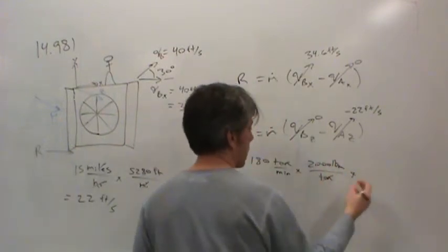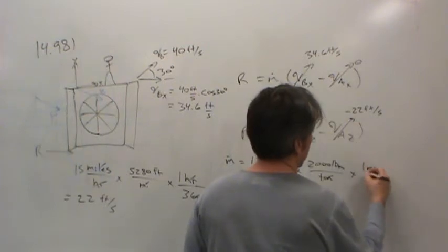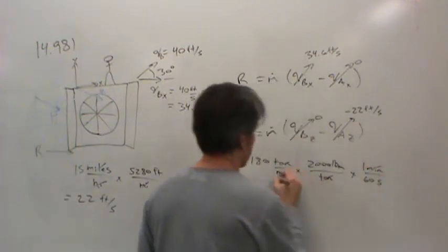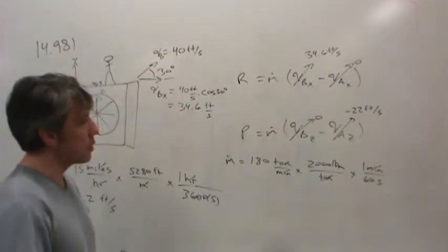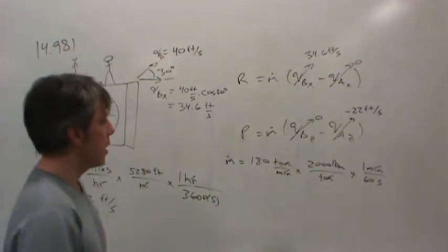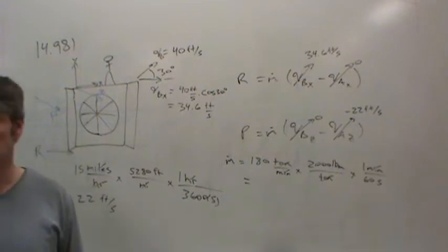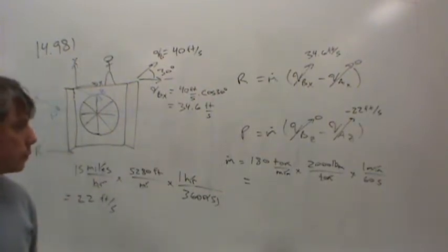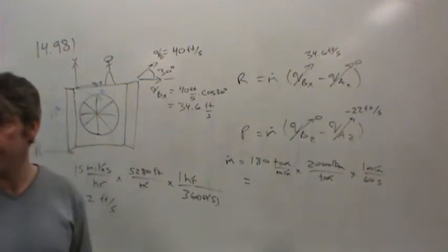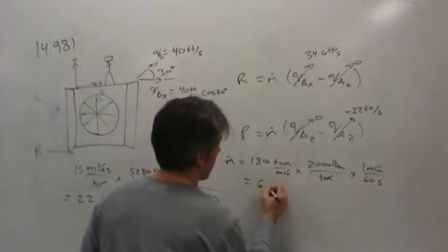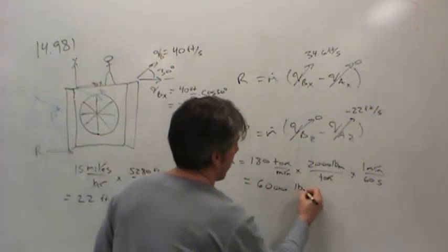And instead of minutes, we need seconds, so 1 minute is 60 seconds. Plug this into your calculators, please. Should be 6,000. So 6,000 pound mass per second.